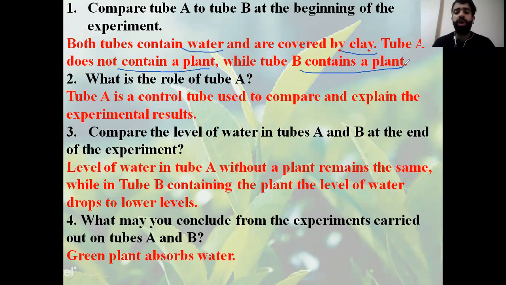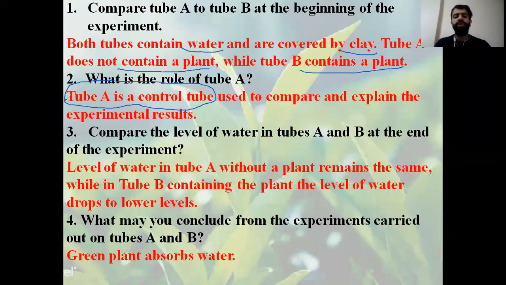So what is the role of tube A that contains only water and clay? It's a control tube used to compare and explain the experimental results. I told you before, we also talked about this in digestion. Compare the level of water in both tubes A and B at the end of the experiment.